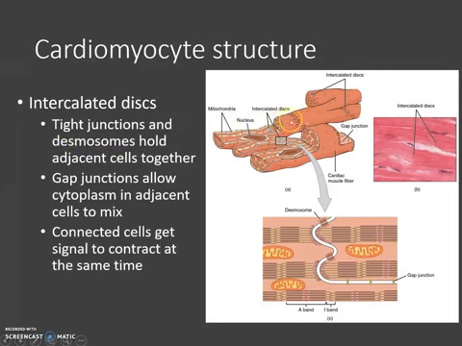That helps the cells not break apart as they are contracting and pushing against fluid, because it takes a lot of pressure to move fluid. Also in these intercalated discs, there are gap junctions, which allow the cytoplasm from one cell to mix with the cytoplasm of an adjacent cell.